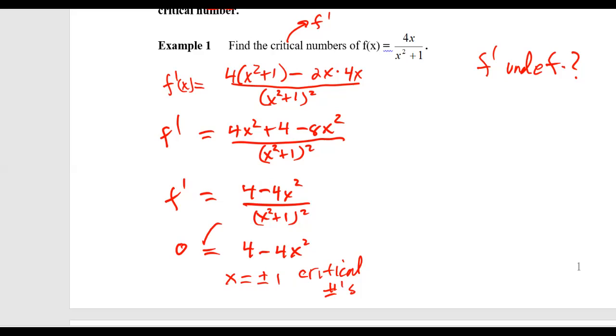Here's my derivative function. That would happen if the denominator became a 0. Well, that's not going to happen because this quantity will not be 0 for a real number. So there are no critical numbers resulting from an undefined derivative. These are the only two that we have right here.